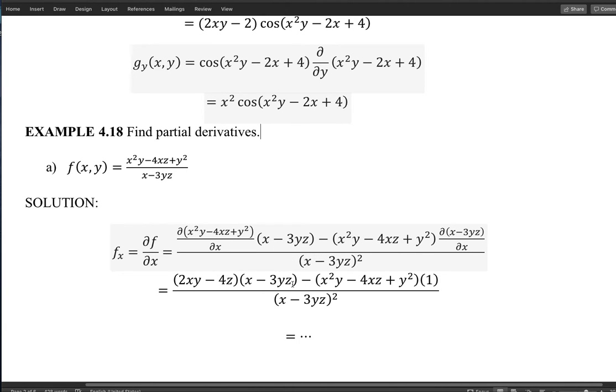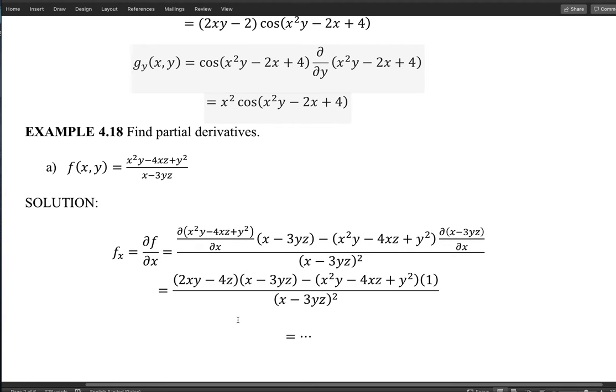So in the next line, I calculate those partial derivatives. With respect to x, that's 2xy and minus 4z. This part just turns out to be 0. Then similarly with respect to x, for this part, it is just 1 here. Certainly you can check with the textbook.